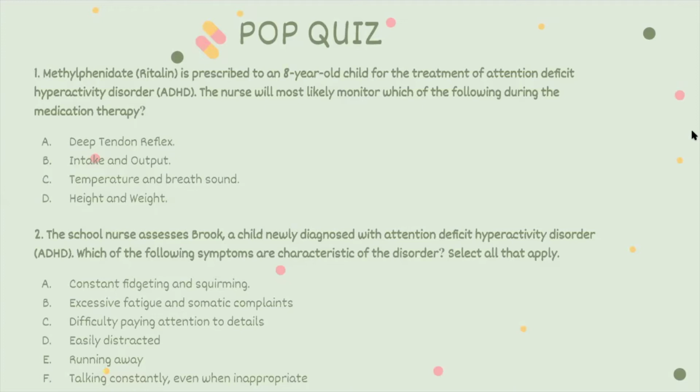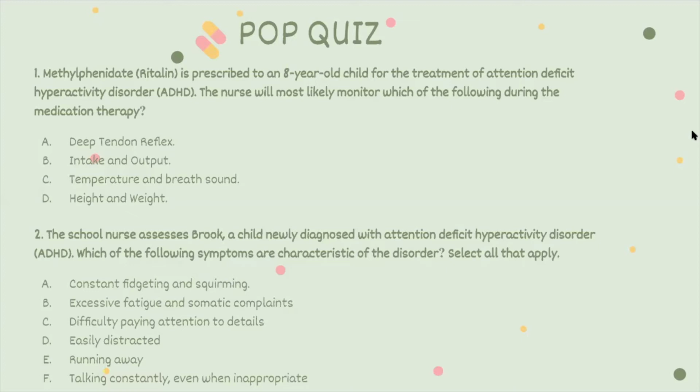Question 2. The school nurse assesses Brooke, a child newly diagnosed with attention deficit hyperactivity disorder, ADHD. Which of the following symptoms are characteristic of the disorder? Select all that apply. A, constant fidgeting and squirming.